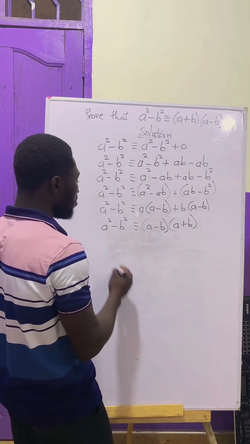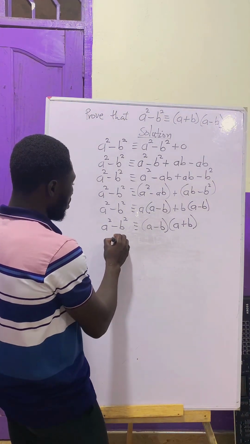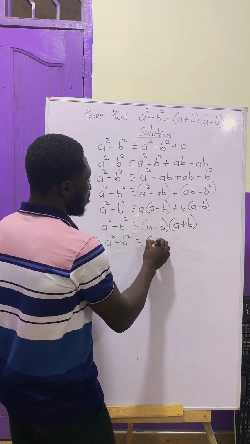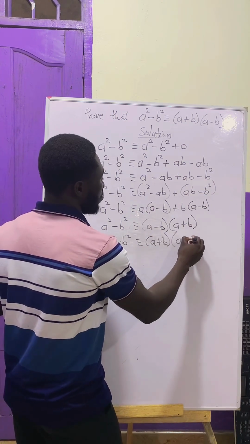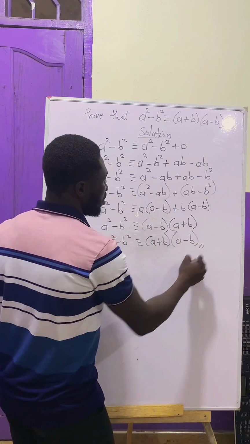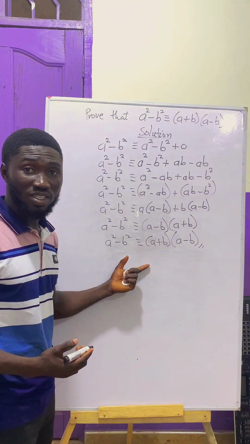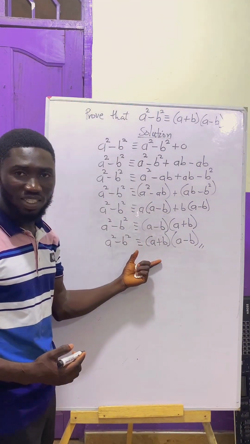In rearrangement, multiplication is commutative, and therefore we have a squared minus b squared, which is identical to a plus b times a minus b. And this is what we call the difference of two squares. This is how this identity was generated.